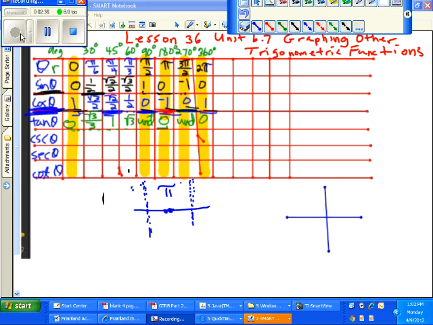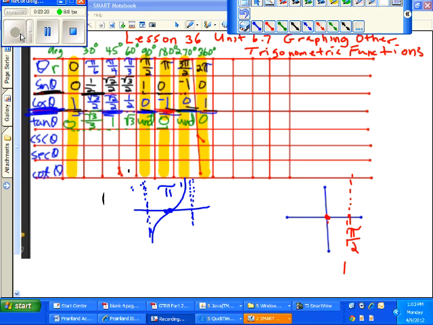And so what we did is we said it's going to snug up against that asymptote, go through the 0, and then snug up against the other asymptote. And so that's what's happening on a tangent wave, okay? Now that happens every pi, but the very first 0 was where? It was at the origin. So when we go to graph the tangent wave, the very first 0 is at the origin, which means the very first asymptote is pi over 2 from that.